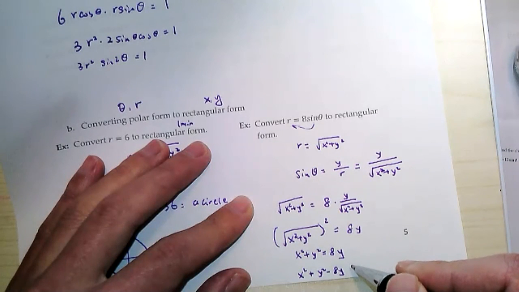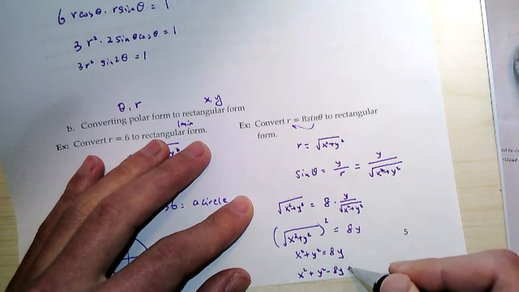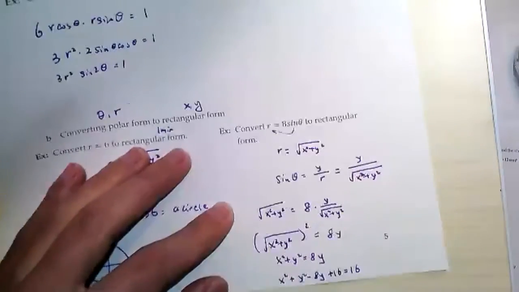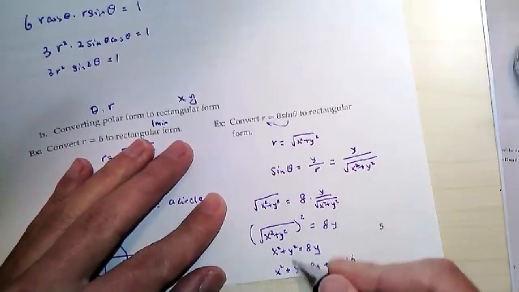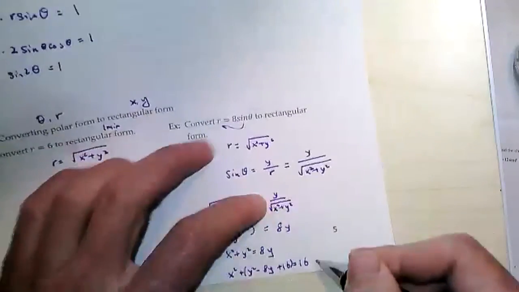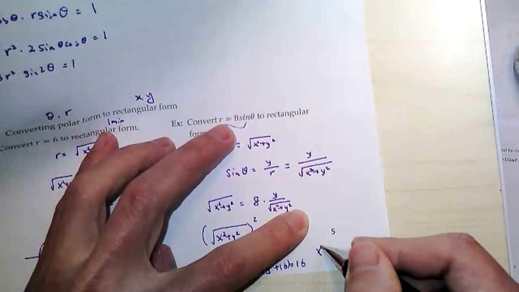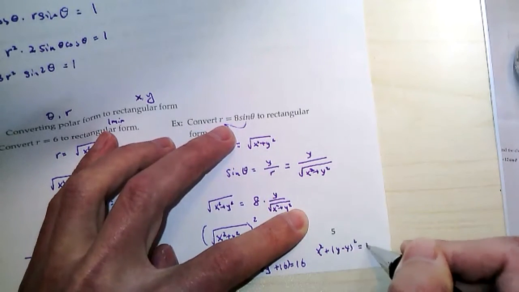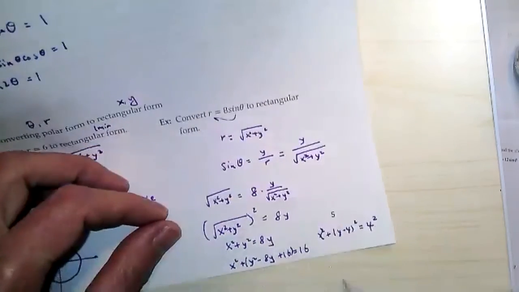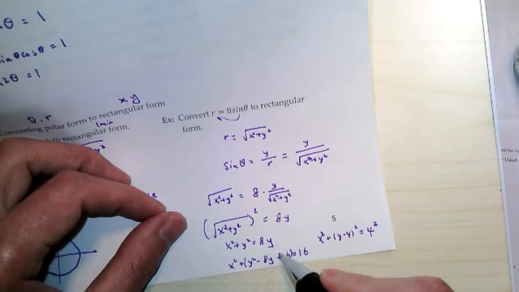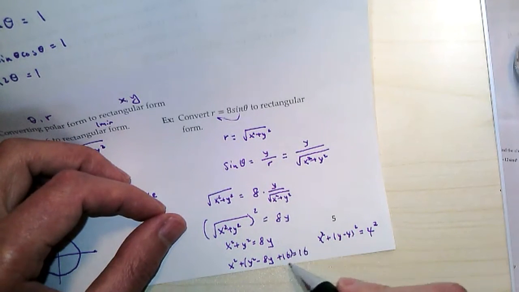We add 16 to both sides, so that you can build a complete square out of this term. So this turns out to be x squared plus (y minus 4) squared equal to 4 squared. Okay. Is that clear to you? How I get from here to here and here to here.